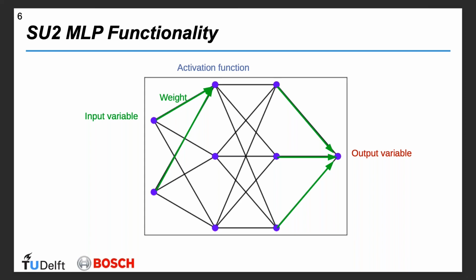Then at this neuron, an activation function is applied, so a small mathematical operation. And then the output of this neuron is transported to the next neurons, and this is repeated throughout the network until you reach your output variable, and that's the overall output of the network.